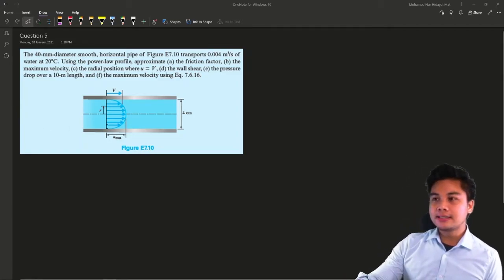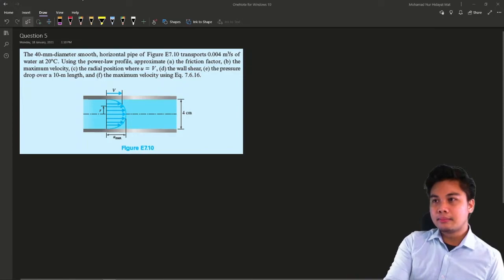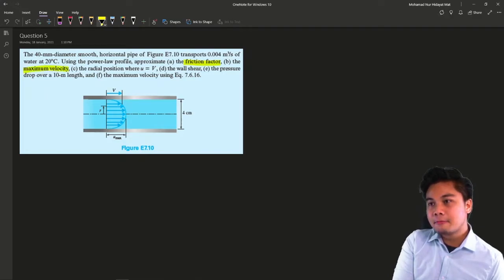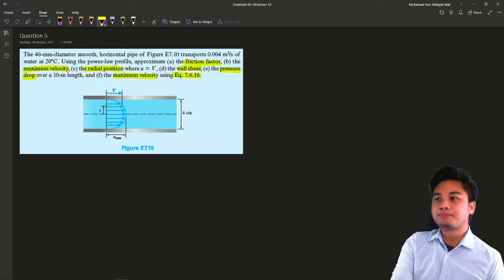Alright, let's take a look at the question. It asks about the friction factor, maximum velocity, radial position, wall shear tau, pressure drop delta P, and the maximum velocity using this equation.